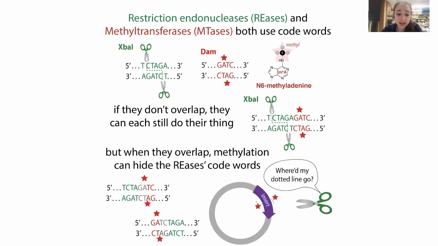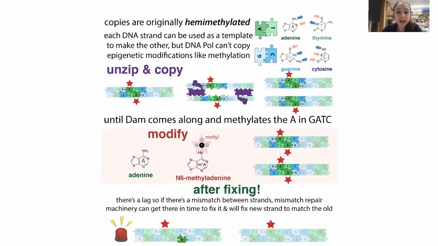DAM in particular has this function where it's going to help the bacteria when they're replicating their DNA. Basically, when they're copying their DNA, because DNA has two strands, these strands get unzipped, and then the DNA polymerase goes along these strands and copies each strand.